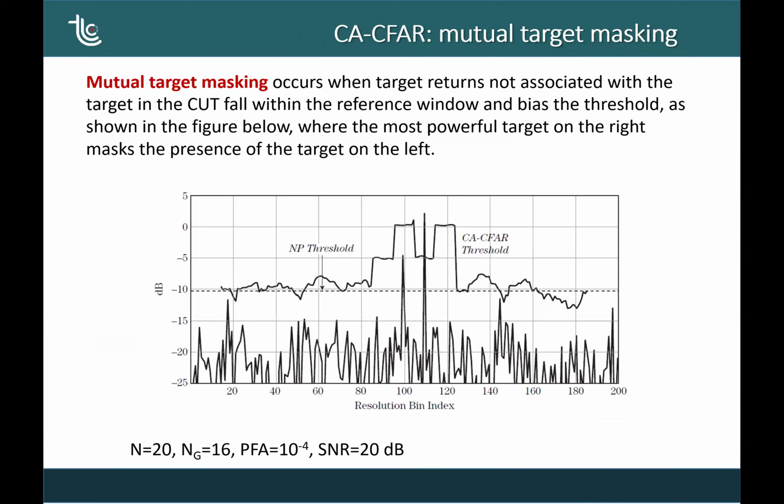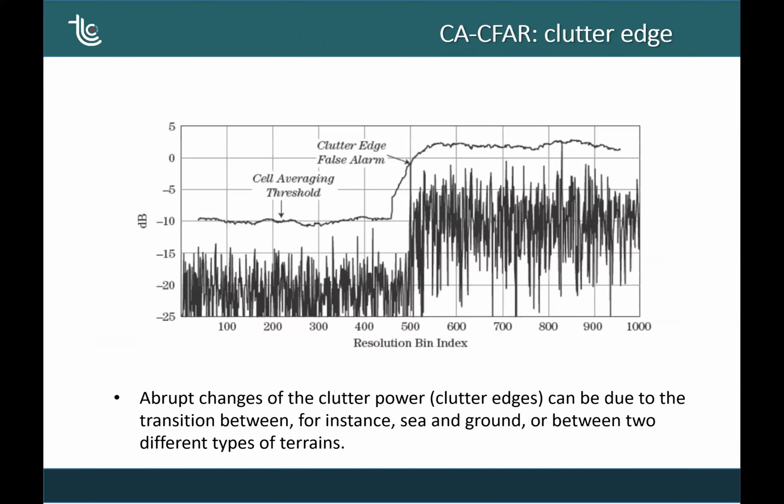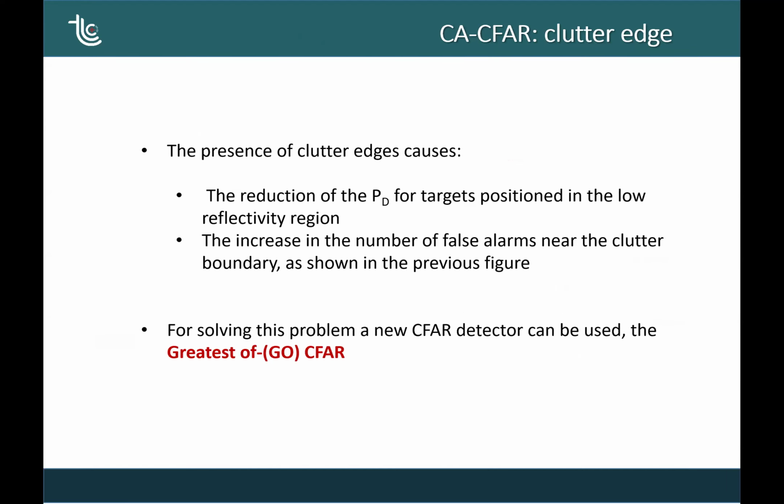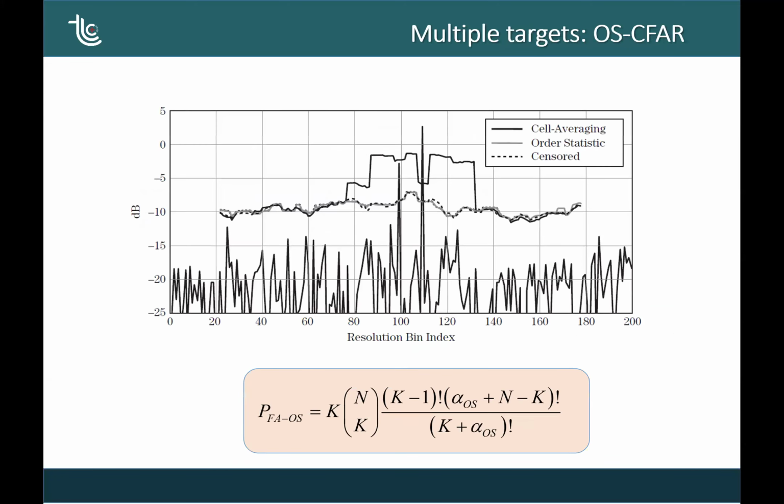We have seen the problem of the mutual target masking, so the solution with the OS CFAR. We have seen the problem of the clutter edge and a possible solution with the greatest-of CFAR. And we have seen also the performance.